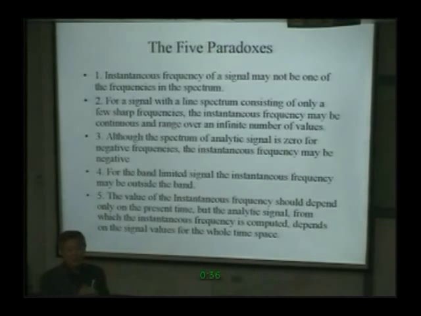The Gabor program is that if I have a signal x, I do a Fourier transformation. I have both positive and negative frequency. I cut and throw away the negative frequency and do an inverse transformation. That inverse transformation turns out the real part is your signal, the imaginary part is the Hilbert transformation.